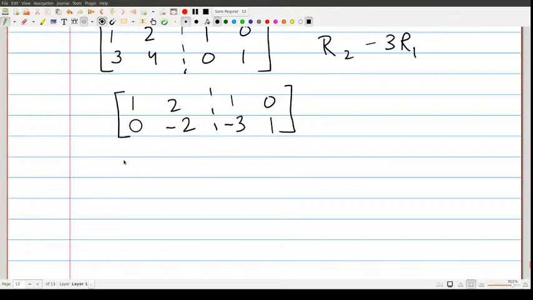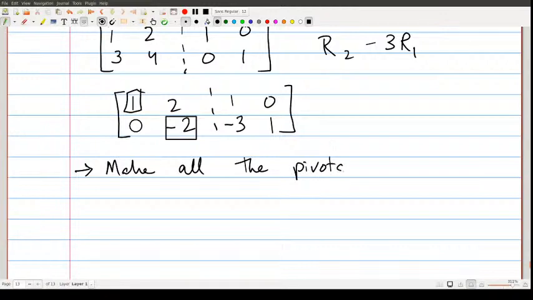I want to carry this elimination further. The first thing I want to do, when I've found all the pivots, is make all the pivots equal to 1. The first pivot is already equal to 1. The second pivot I want to make equal to 1, which means I multiply row 2 by minus 1 upon 2, so basically I'm dividing it by minus 2.